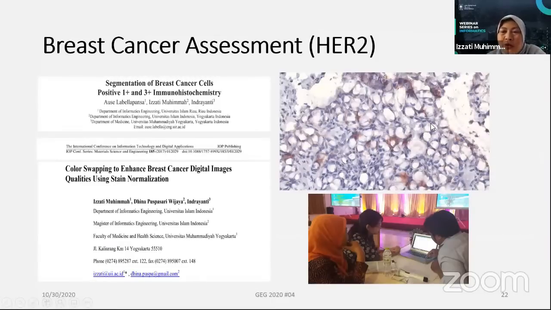We want to know whether the brown color here is already joined or broken. So the challenge is focused on the border of the cell, or on the cytoplasm.